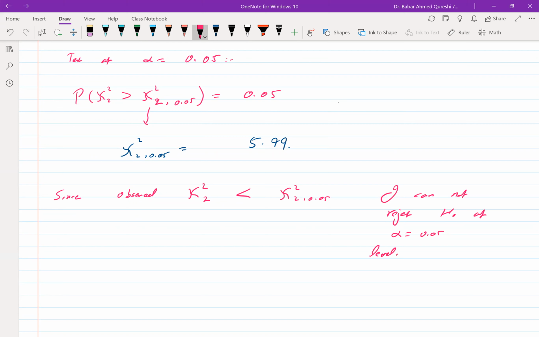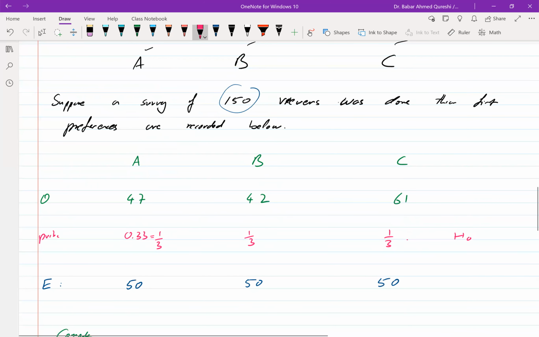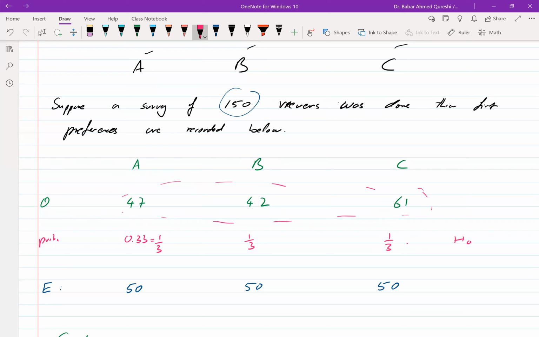So I can't say with 95% confidence that they are not equally likely. I have to stick with that probably they are equally popular. These differences are within my expectations of random fluctuations.